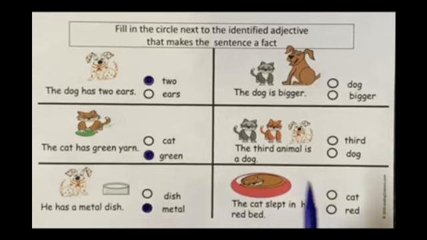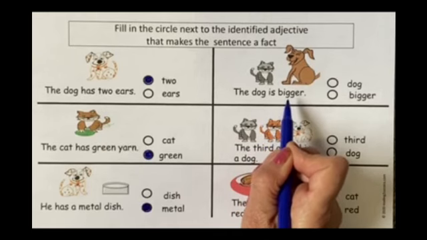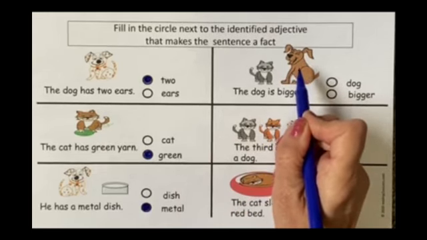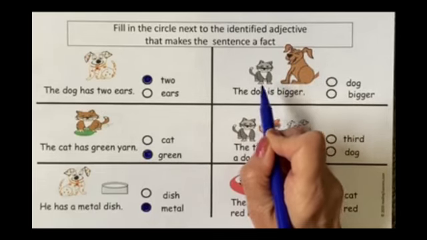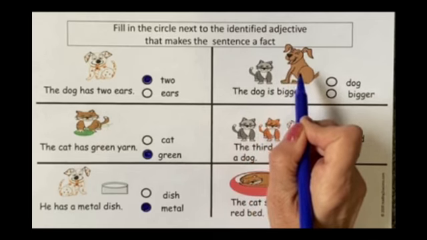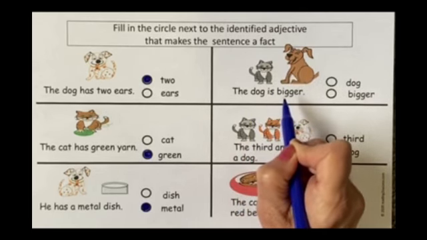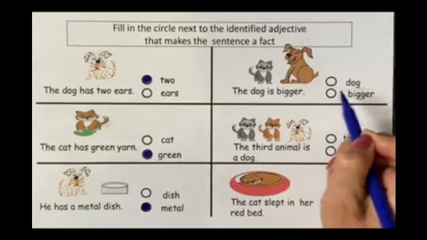Let's go over here. The dog is bigger. We look at this, we can identify that the dog is bigger. The cat is not bigger. So the only thing we can say is the dog is bigger, making it a fact identified by this adjective, bigger.